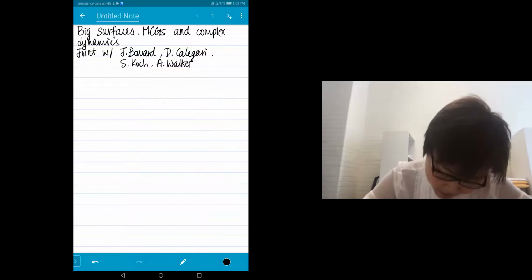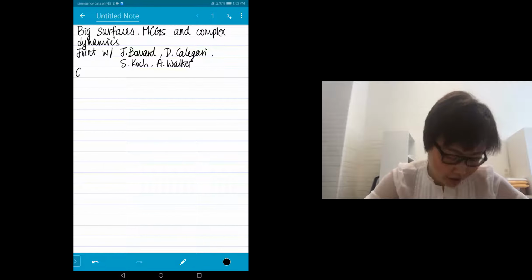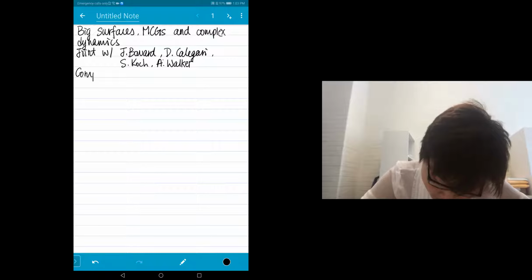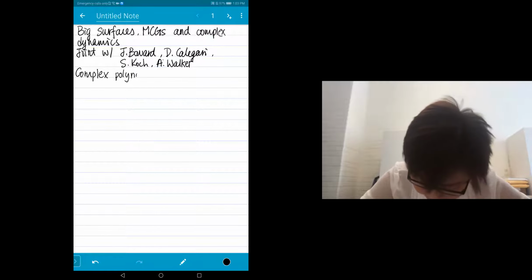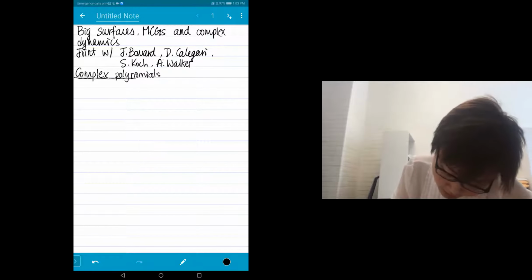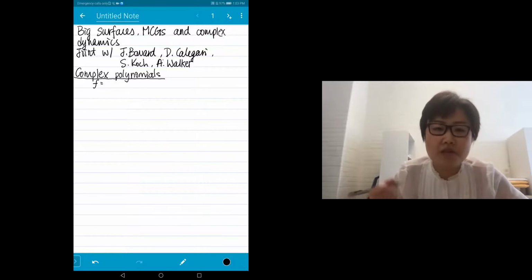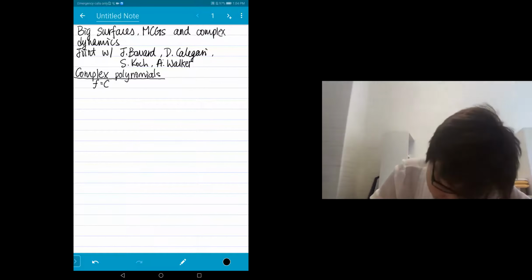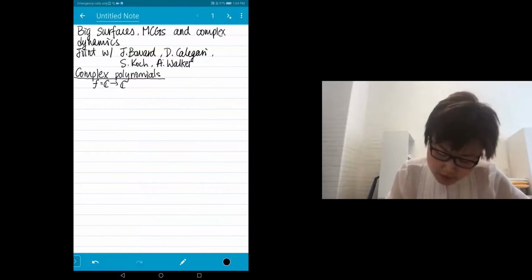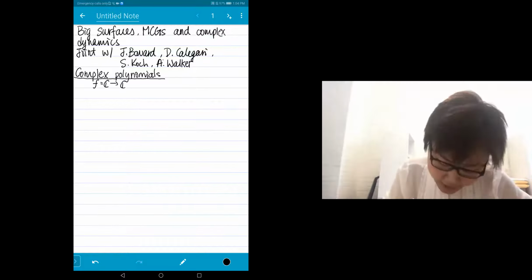Okay, so let me just start with the most basic object in mathematics. That is polynomials. In particular, we want to consider complex polynomials. As we all know, a polynomial is a map from the complex plane to itself. And we want to consider polynomials up to some normalization.